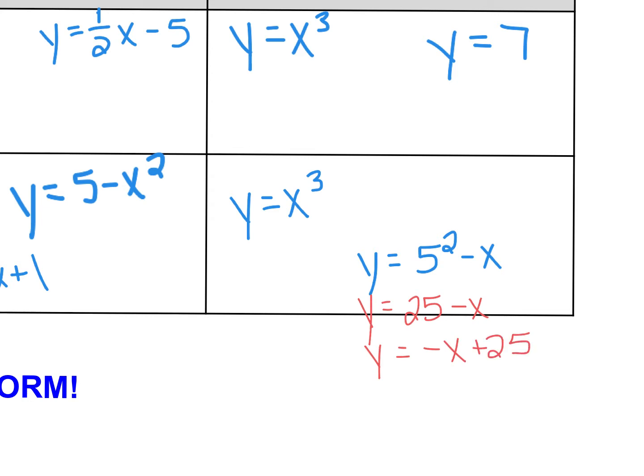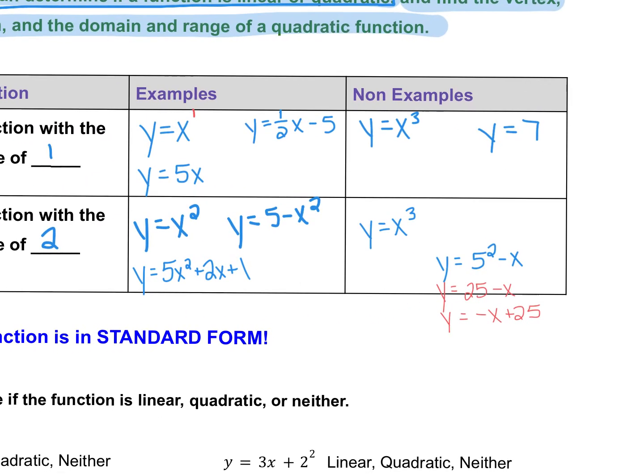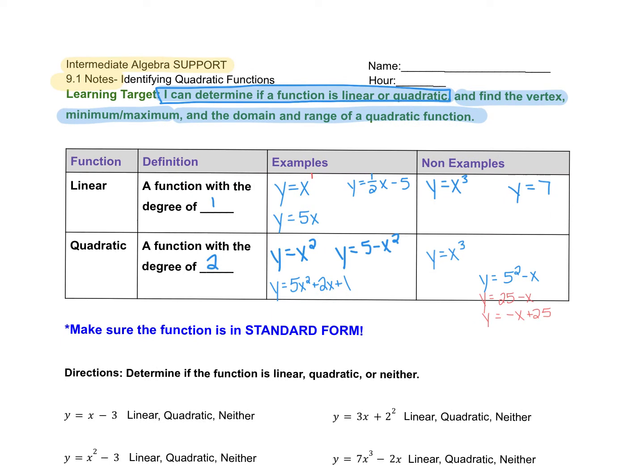And I can see that there's no longer a power of 2 attached to that x, so it is not a quadratic function. Being able to identify a quadratic function is super important so that we're not getting confused.